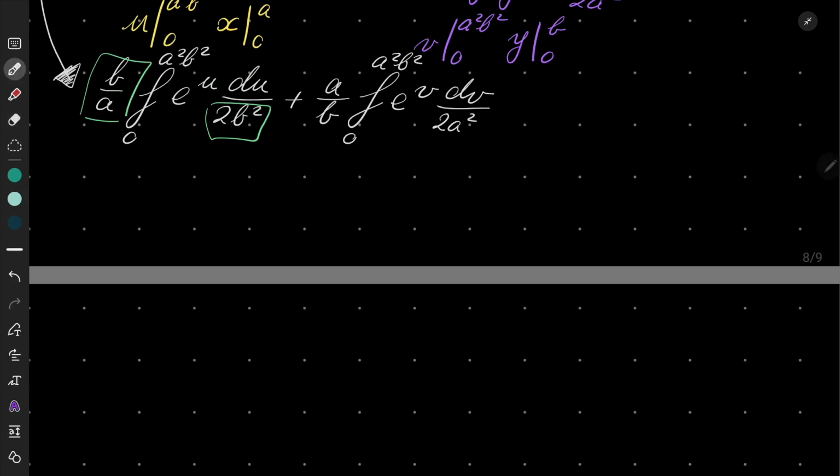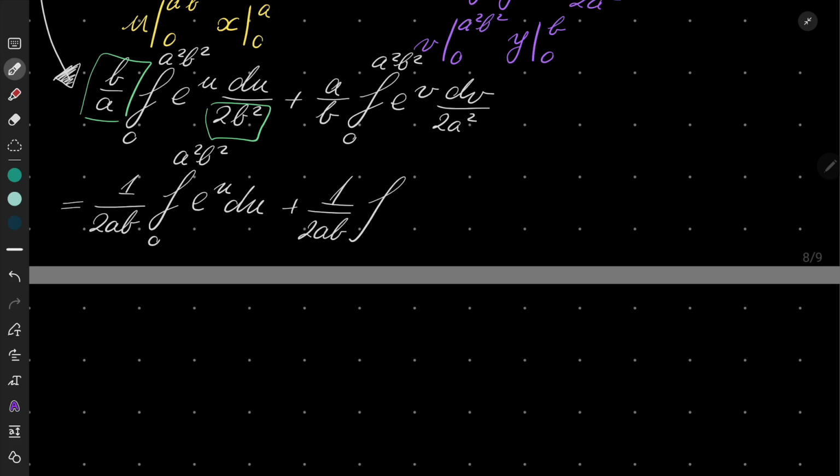So I have the following, 1 over 2ab integral from 0 to a squared b squared e to the power of u du, and here I have exactly the same. Integral from 0 to a squared b squared e to the power of v dv.